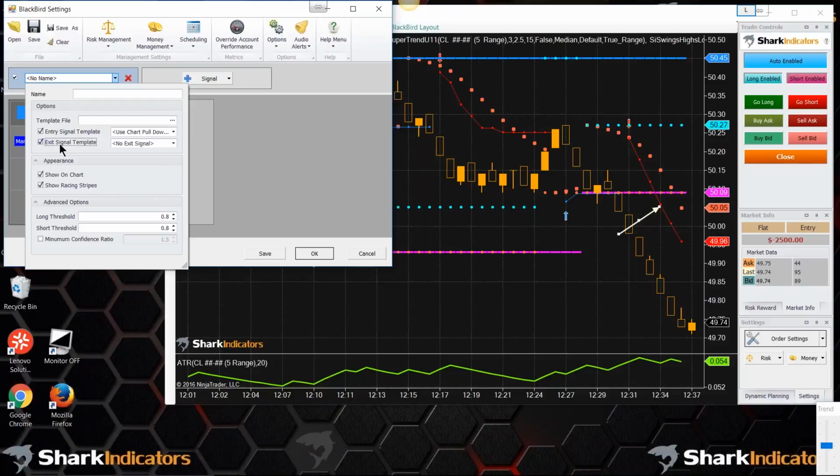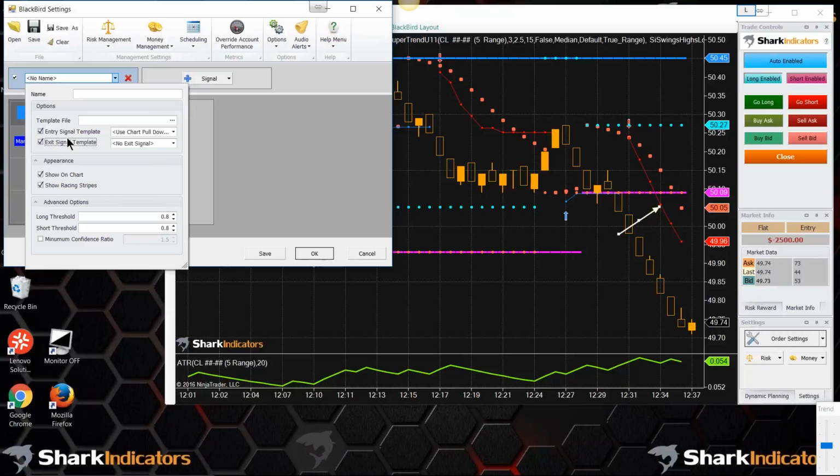So Bloodhound does not control the stop losses. Bloodhound does not set price values for stop loss orders. Bloodhound just provides trade signals. It's just a signal generator, not a price level or price value indicator.